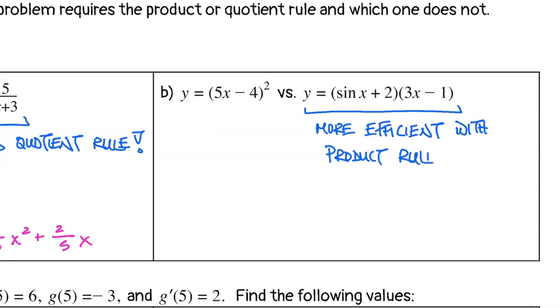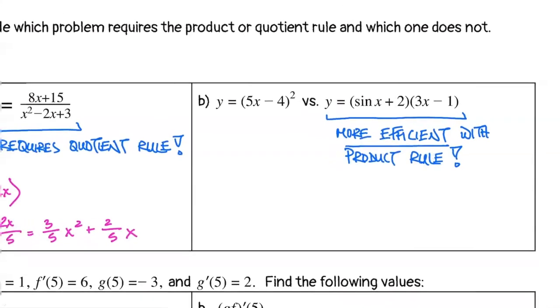I will say that we probably can also solve this one without product rule, but if we wanted to find a derivative, I think that one is more efficient with the product rule, okay? And if we kind of do something similar over here then, to avoid product rule, how could we rewrite or simplify this particular statement?